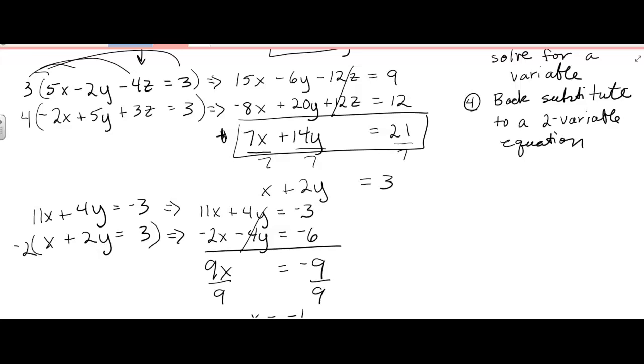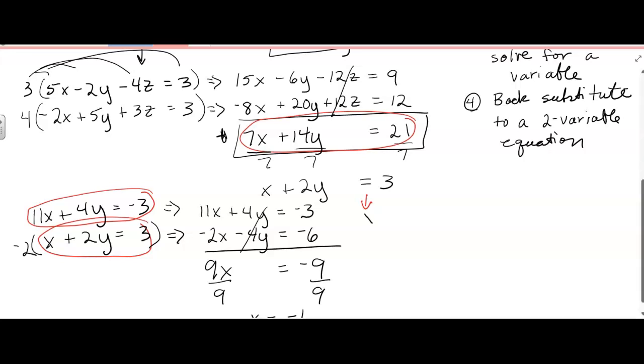Okay, so now I could pick, I'll circle the ones I could pick. I could pick this equation. I could pick this equation. I could pick this equation. One of those, though. I'm going to use this one right here. The x plus 2y equals 3.